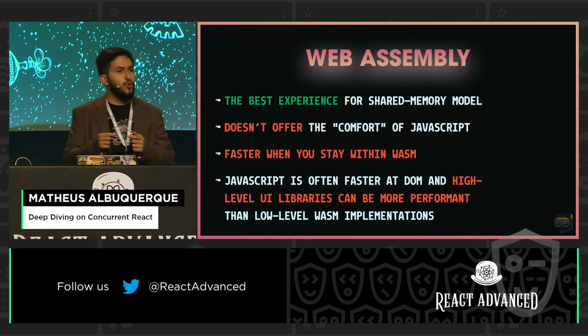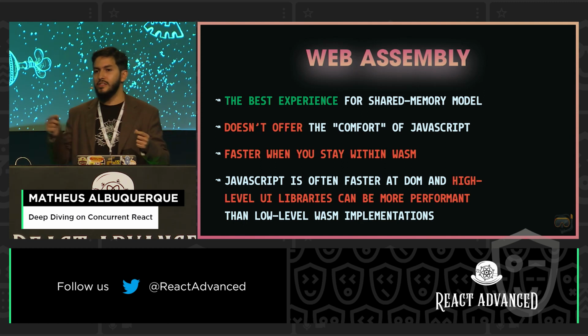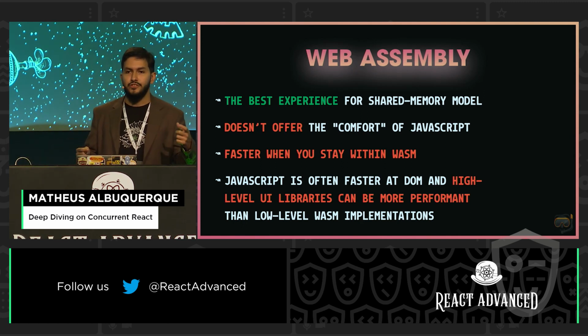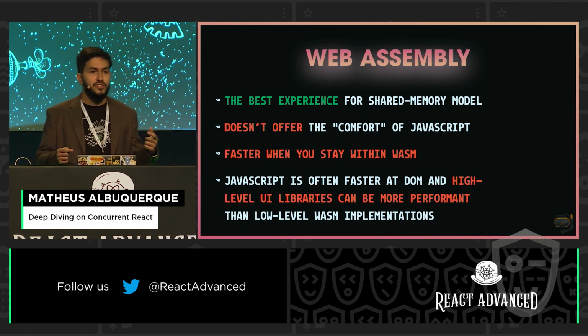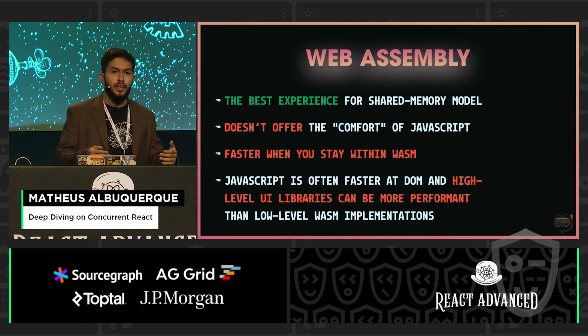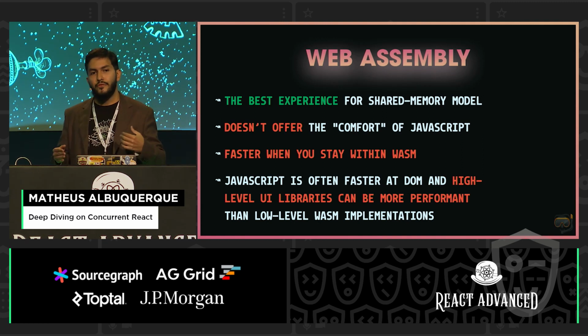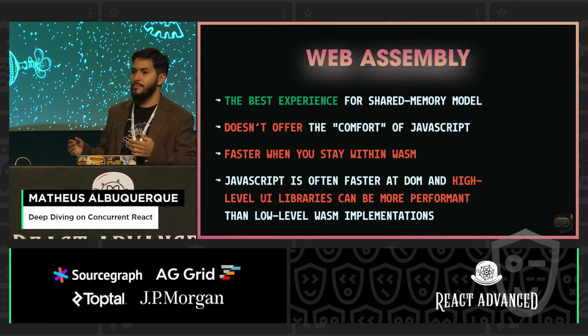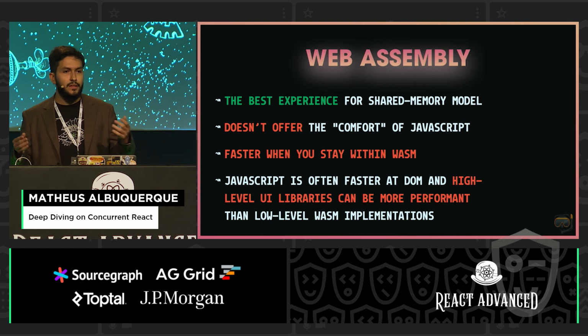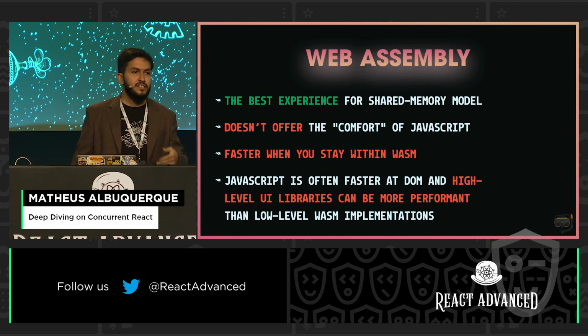But the more you have to cross over the line and do any DOM manipulation or anything that has to do with the UI, the more it starts to get slower. And then sometimes you get to a point where you realize that some of the fastest low-level WASM implementations might be slower than regular libraries like React, Svelte, or whatever.